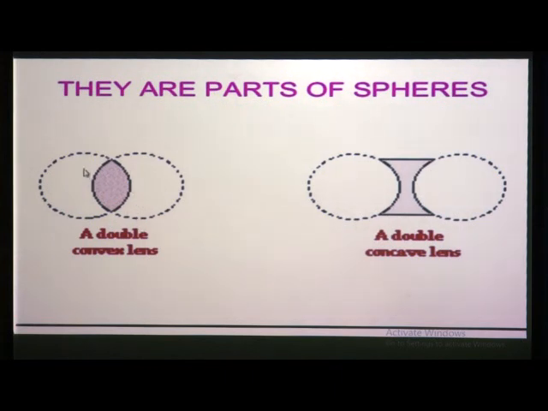By crossing each other, they are going to form a double convex lens, and without crossing each other, you can see we will get a double concave lens from these two spheres. So from two spheres, we will get a double convex lens and a double concave lens.